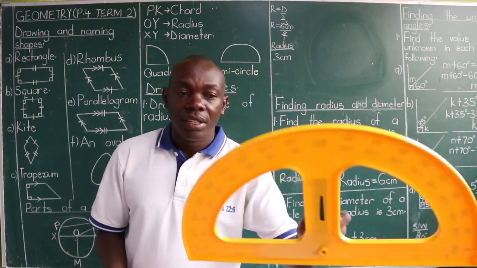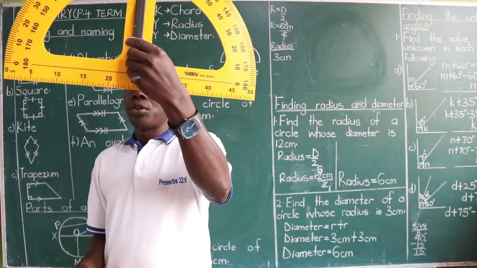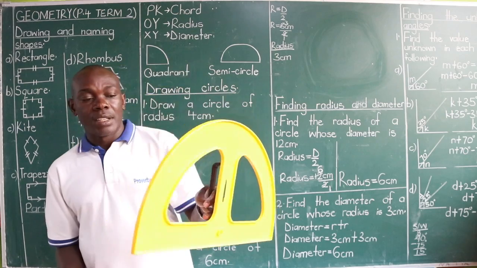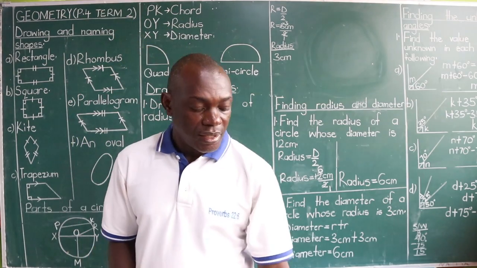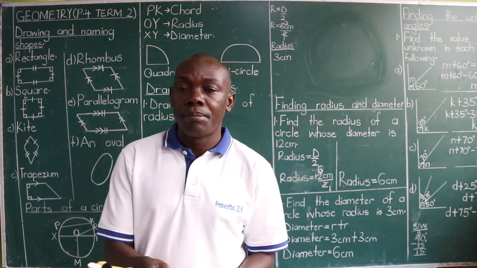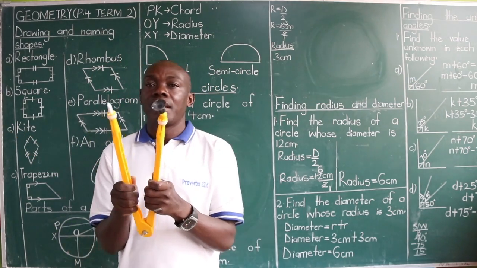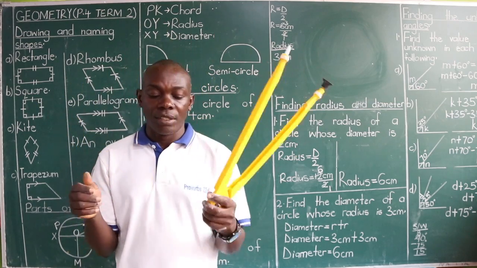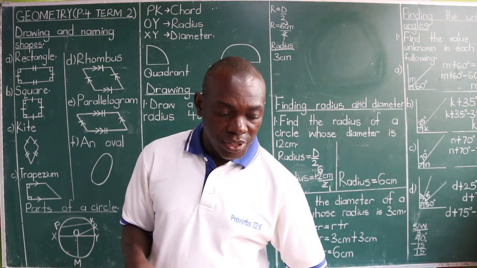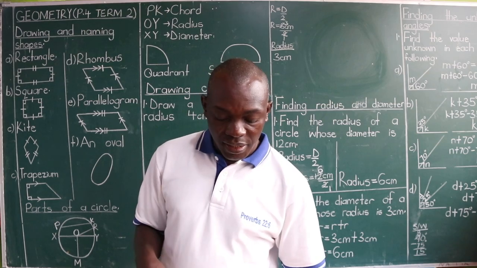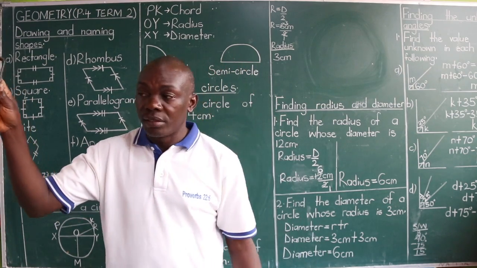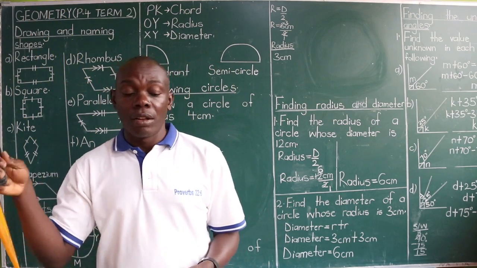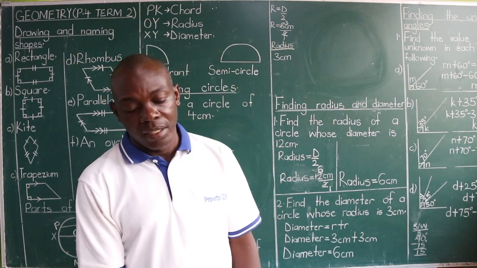This is called a protractor, which is used, like I said, to measure angles. This will be my pair of compasses that I'll be using to draw circles as well as constructing different angles, like we shall see, and the set square as well, which is used to draw parallel lines along the ruler, like we shall see.